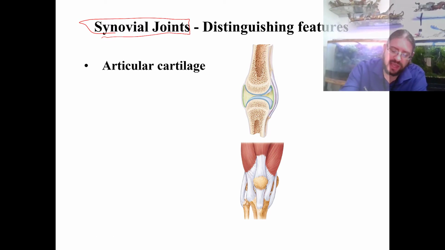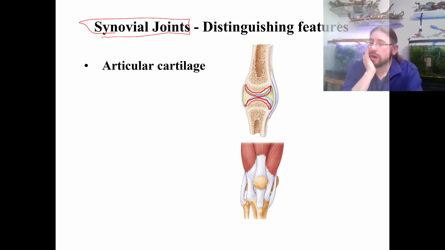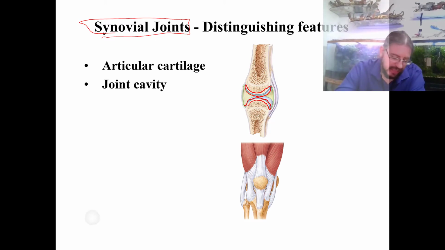That means that there is a layer of hyaline cartilage on the heads of the long bones in the joint, or hyaline cartilage anywhere you have the bone-to-bone articulation. So, articular cartilage. Then we have a joint cavity, which is a hollow space in the joint. So, right there, filled with fluid.